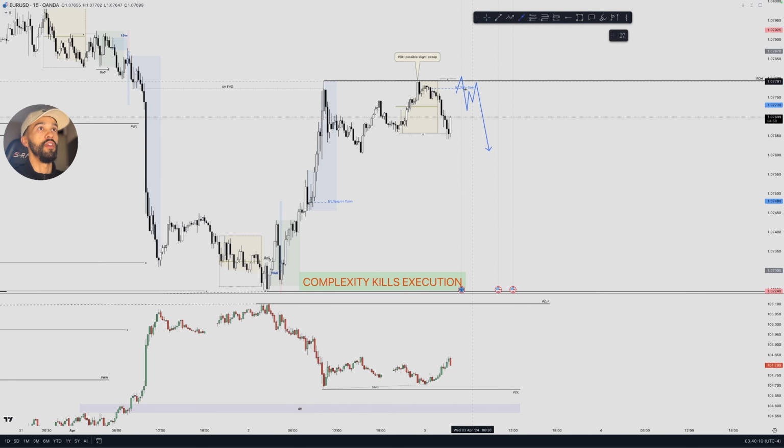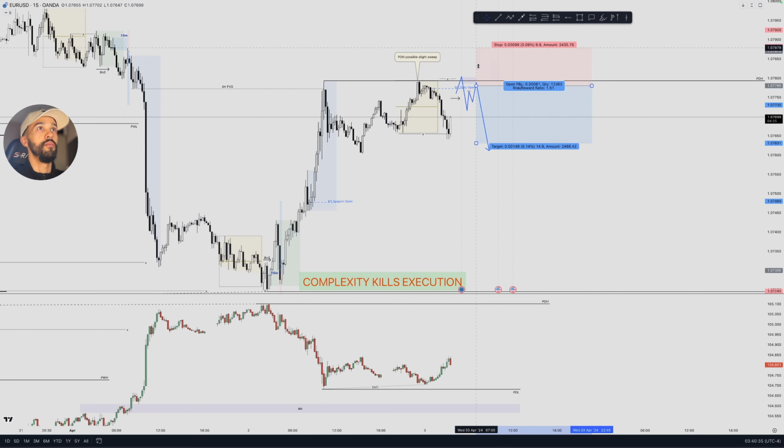We would have our breaker structure somewhere around here from whatever structure was created. We would then have our inducement here from the corrective pullback possibly, and then we would have our order block, fair value gap, whatever you want to trade from up here that was left behind that created that momentum and break of structure.